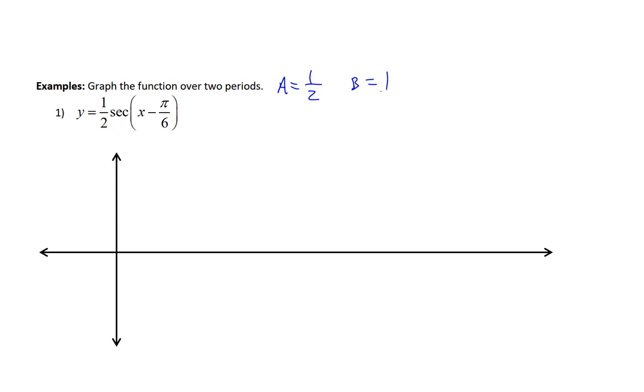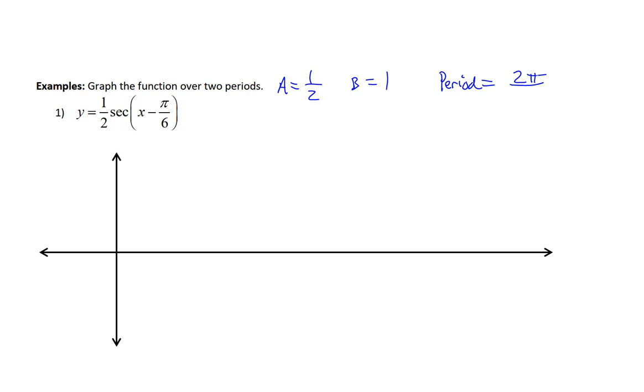Now, why does that matter? Because the period of our graph, as we saw with sine and cosine, and it's the same with secant, cosecant, tangent, cotangent, the transformed period, which helps us mark the x-axis, is going to be the regular period divided by b. Well, the regular period for secant is 2 pi.